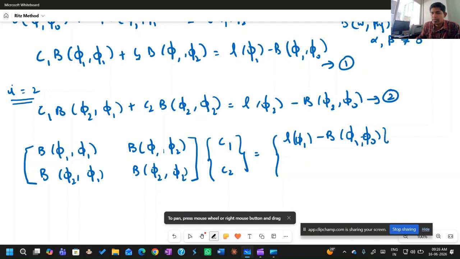And here, linear function of pi2 minus bilinear function of pi2 comma pi naught, right?